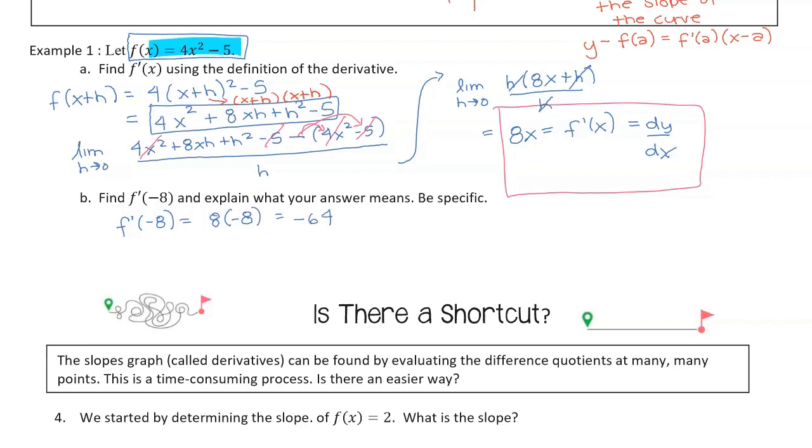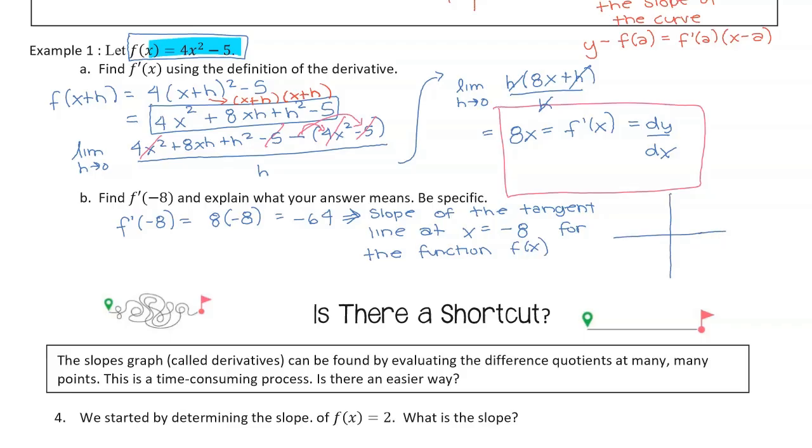So this is going to be the slope of the tangent line at x equals negative 8 for the function f of x. So graphically, the function f of x looks like this, and it has very steep sides. So we're trying to find the slope right here at x equals negative 8.